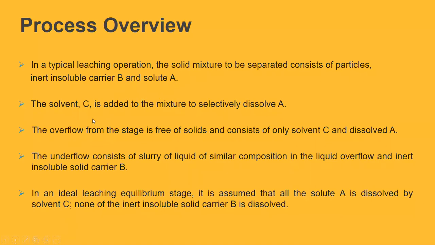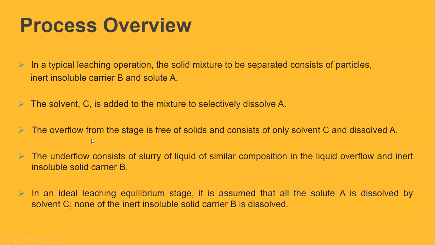And then we represent our solvent as C. So the solvent C is added to the mixture to selectively dissolve A. It's only going to dissolve A, and your inert insoluble carrier solid B should be unreactive towards C.